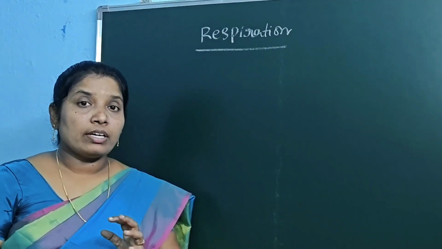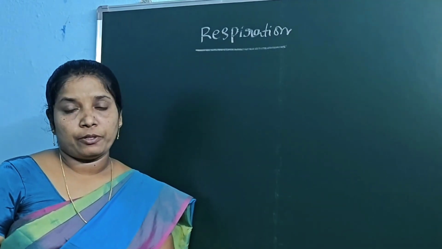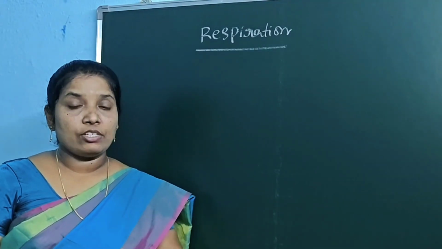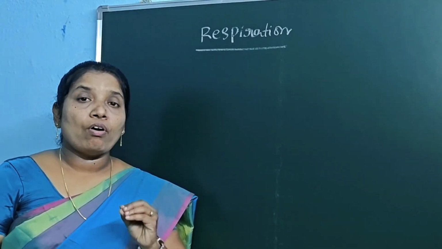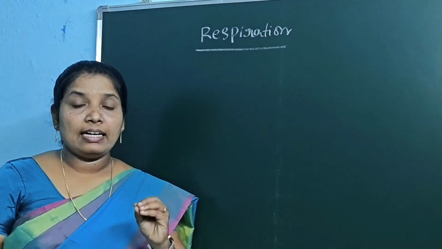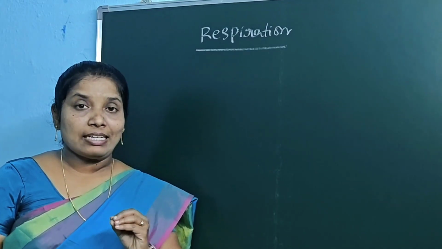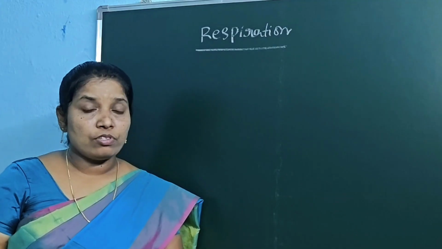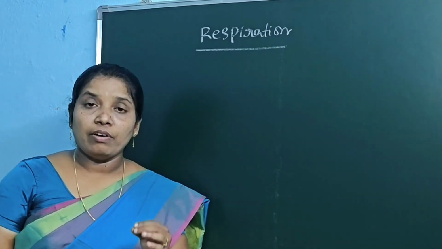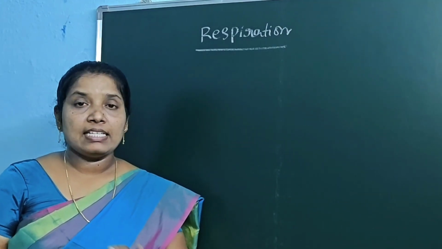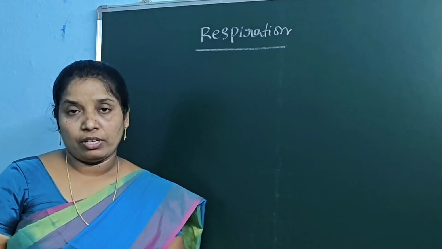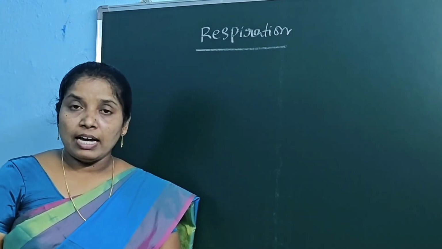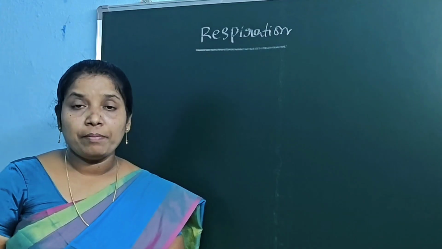Here we are talking about internal respiration. Internal respiration involves oxidation of food. Through the oxidation of food, the energy is released. So internal respiration involves oxidation of food within the cell. That is called cellular respiration. It involves oxidation of food and liberation of energy.